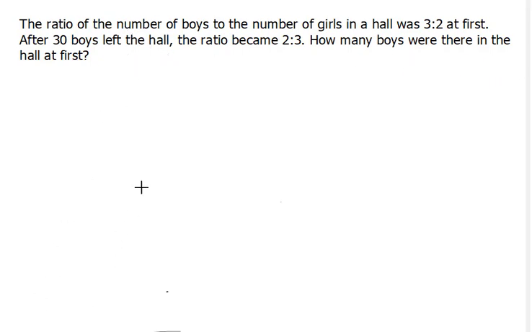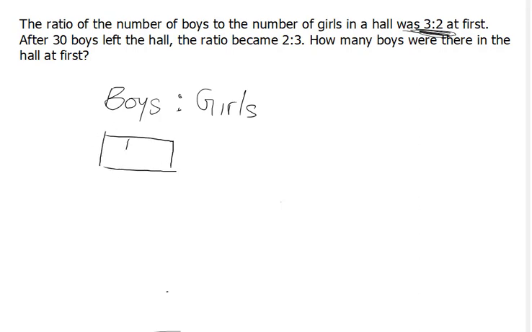So simply, first let's record the number of boys versus girls here, right? So say boys is to girls. Now 3 is to 2, so I'm going to say 3 units here and 2 units here, right?